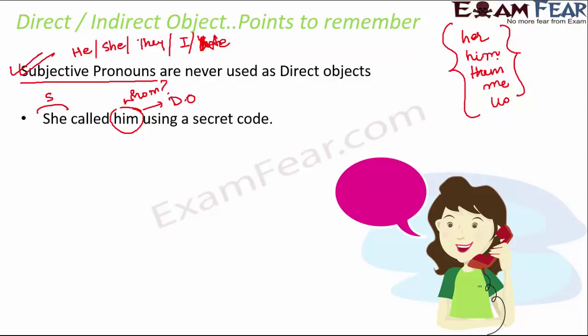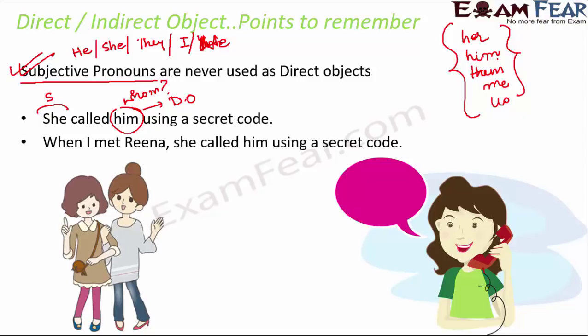Now let us look at one more example. When I met Reena, she called him using a secret code. So in this case, which one is the direct object? So there are different ways of asking questions. So in this case, if you think that, okay, now she is in the middle of the sentence, so she should be the direct object, but that's not the case. First, you have to ask the question, where is the action verb? So you have one action verb here, you have one action verb here. So you actually have two action verbs.